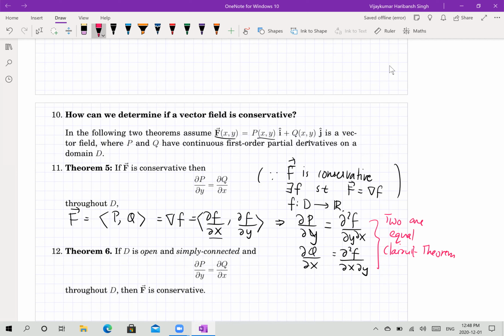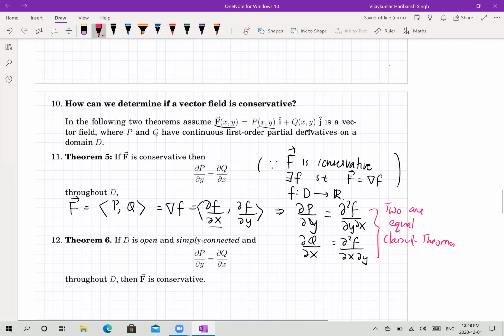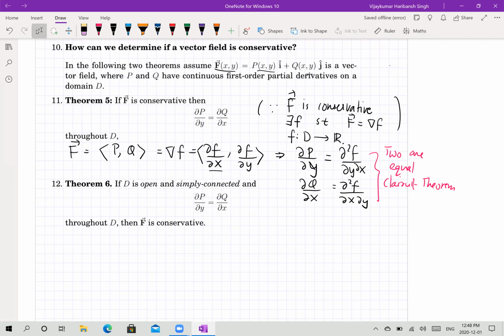Clairaut's theorem tells us that if you have a function f with continuous second order partial derivatives, then the mixed partial derivatives are equal. Therefore we get that if F is conservative, dou P by dou y equals dou Q by dou x.